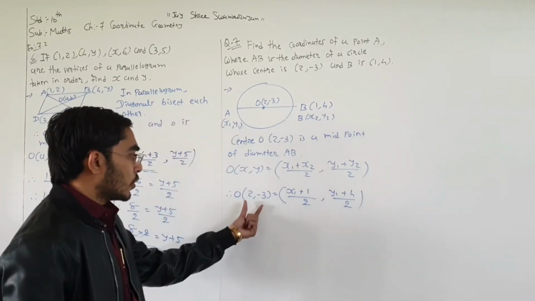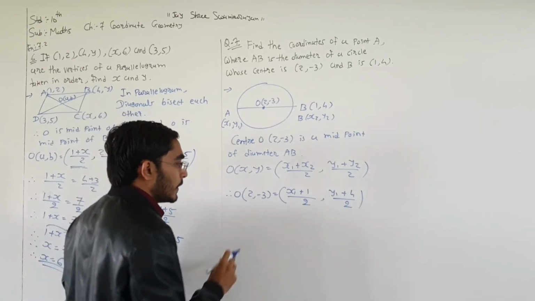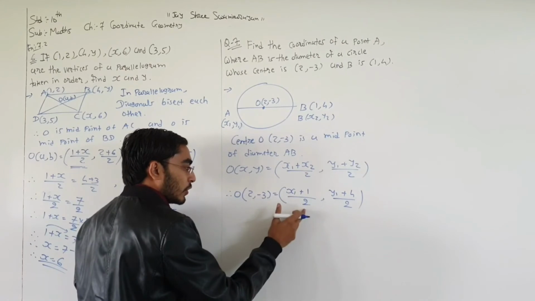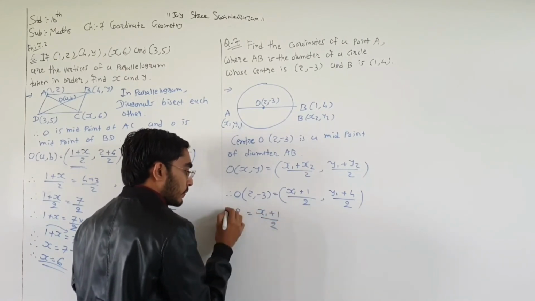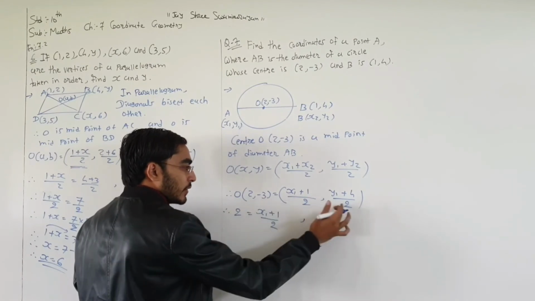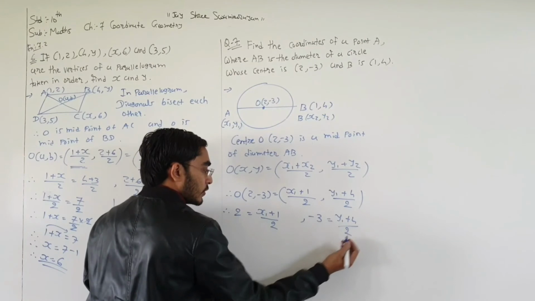Okay, now coordinates of the midpoint are already given to us. So now we need to compare x coordinate with x coordinate. So 2 is equal to (x1 plus 1) by 2. And y coordinate with y coordinate. So minus 3 is equal to (y1 plus 4) by 2.